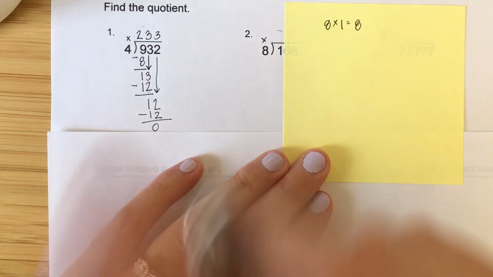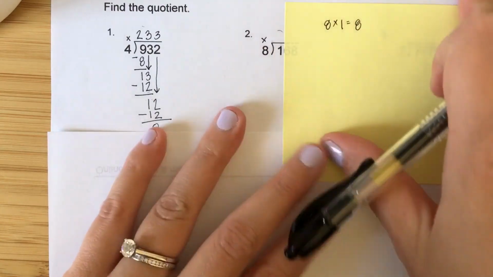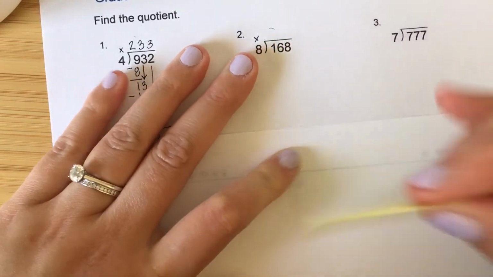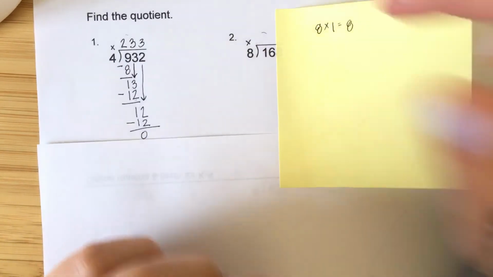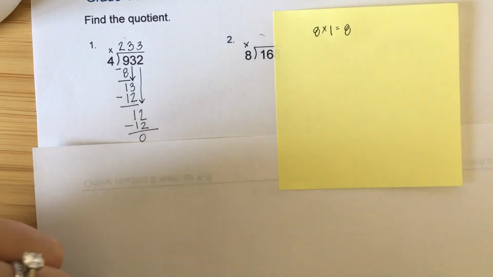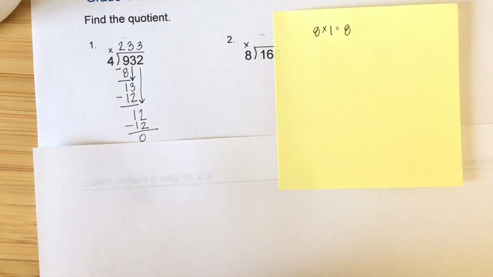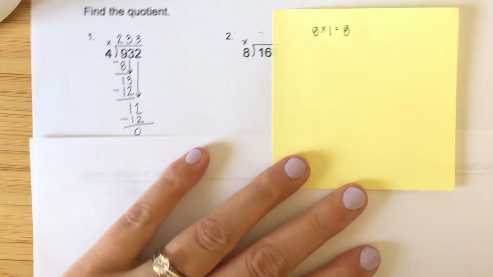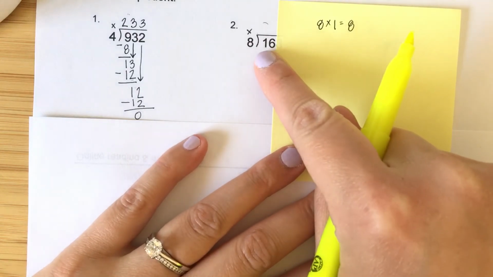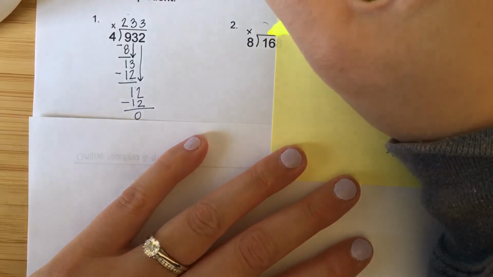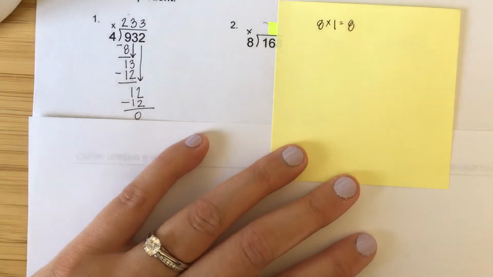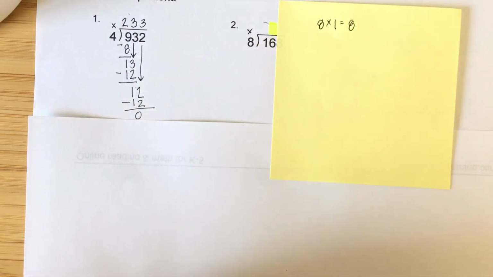So what I want you to do is just leave this blank, move your Post-it, and uncover the next number. Since we did move the place value over, because we couldn't find anything that's closest to 1, we're going to write our answer next right above the 6.